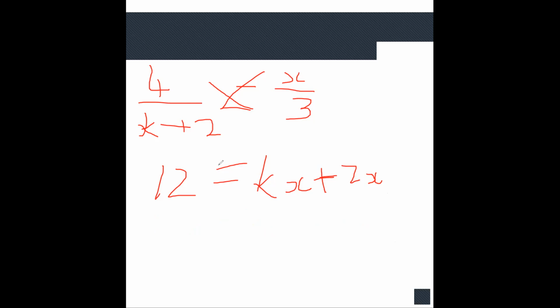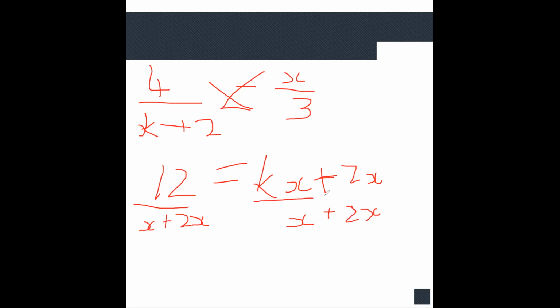Nice try there. So what do you say we should do? You divide 12 as well as the other expression on the right by x plus 2x, while underneath you simplify x plus 2x as 3x. So you divide 3x as well as 12 by 3, which leaves us with 4 over x equals k.